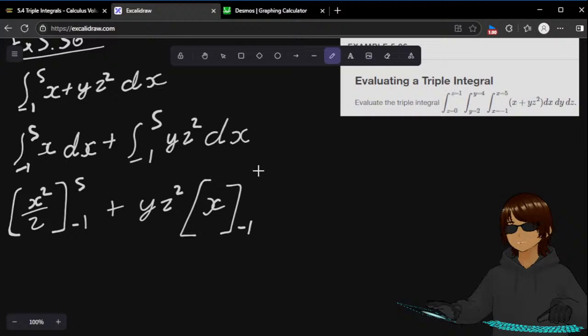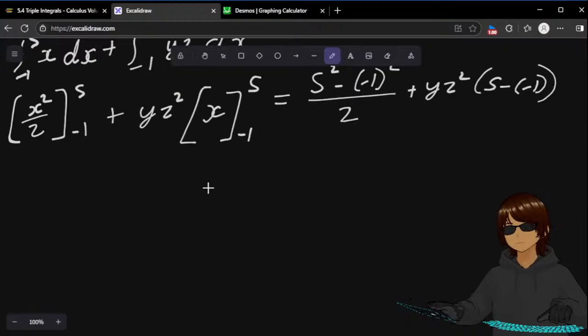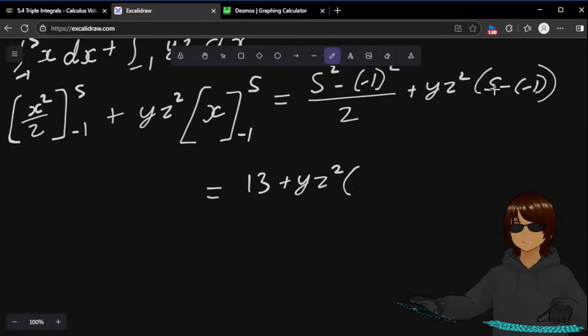We have x from -1 to 5, which is 5 squared minus -1 squared over 2, right? Y z squared times 5 minus -1. We have 25 minus 1 becomes 24, divided by 2 becomes 12. And then this is 6. I'll just write 6 over here.